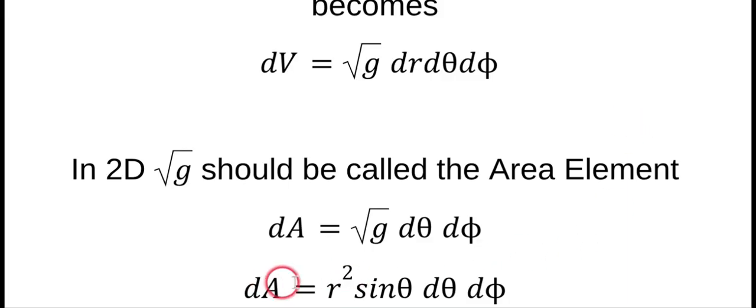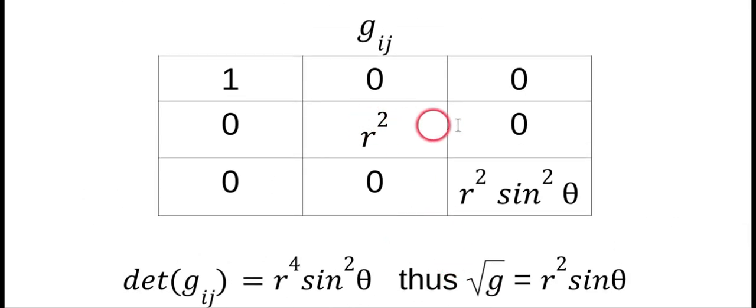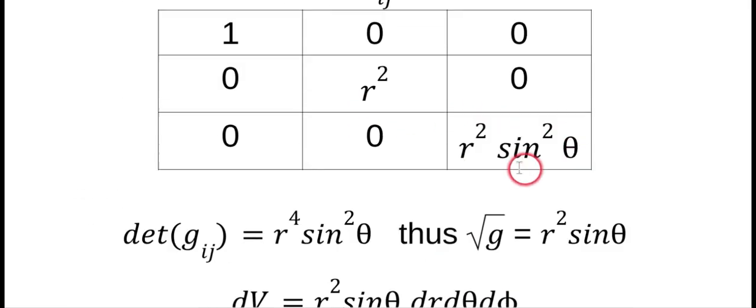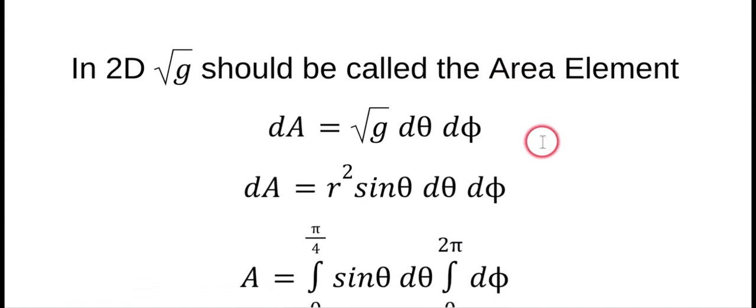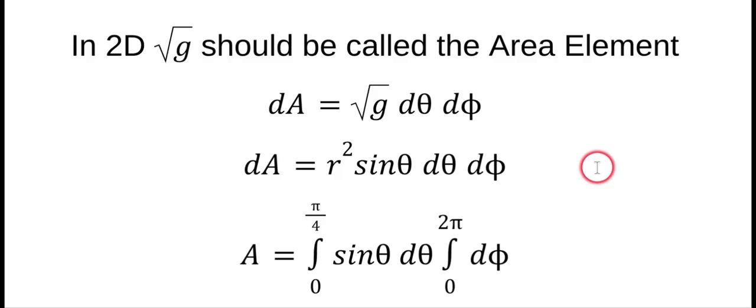And we had this expression, which was the square root of the determinant of the surface coordinates, which is just this piece, r squared sine theta. All right. So let's integrate just this.